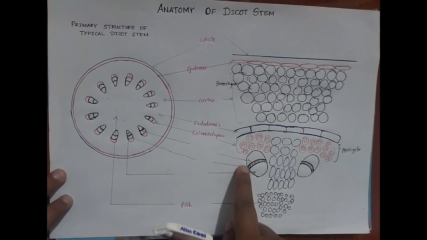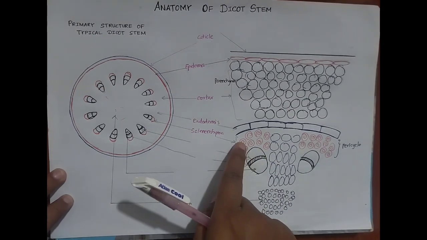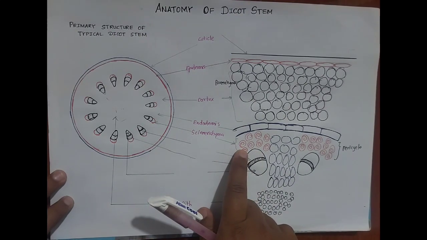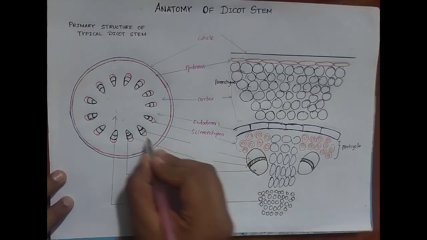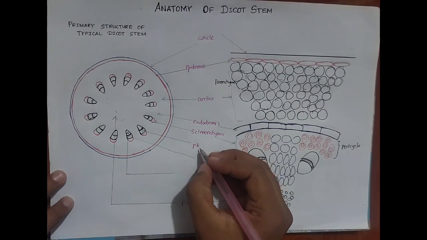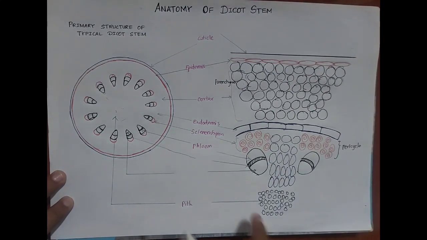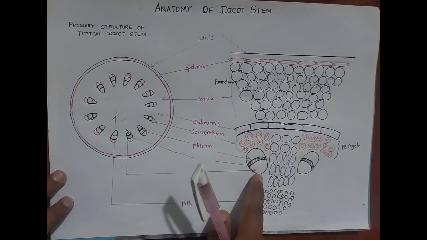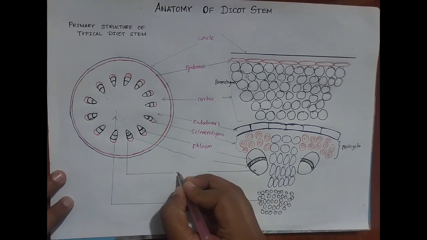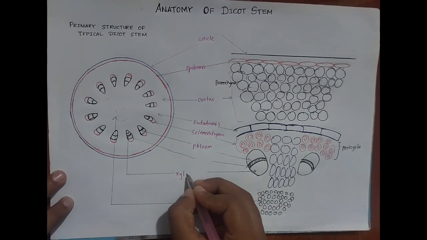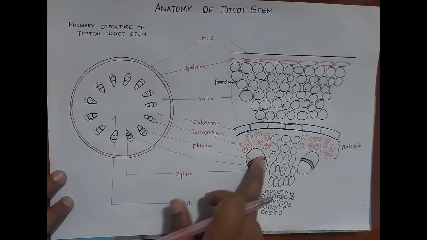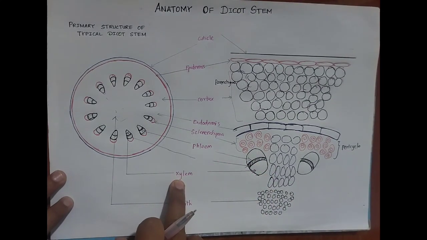In the vascular bundle, the part near the sclerenchyma is the phloem, and the part closer to the pith is the xylem. The outer part is the phloem and the inner is the xylem.